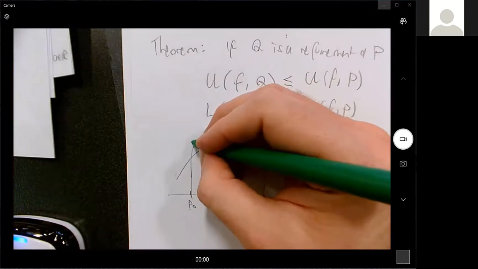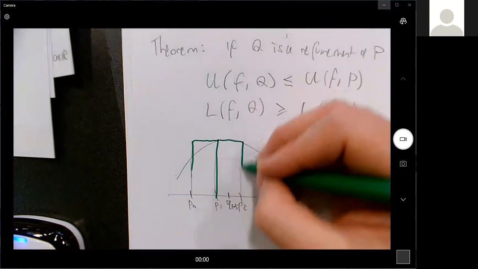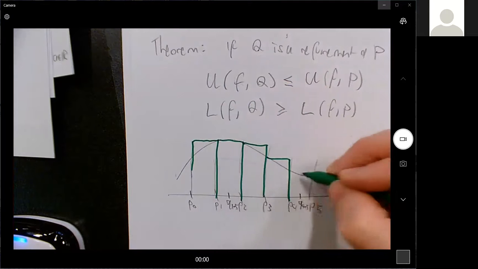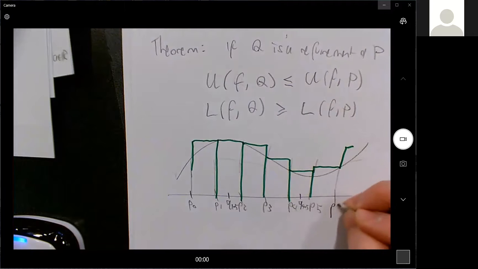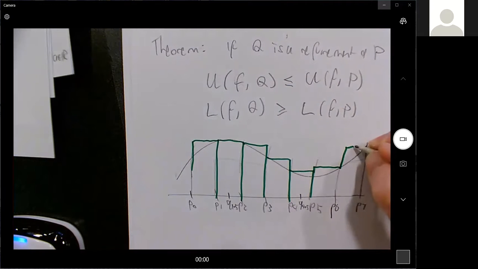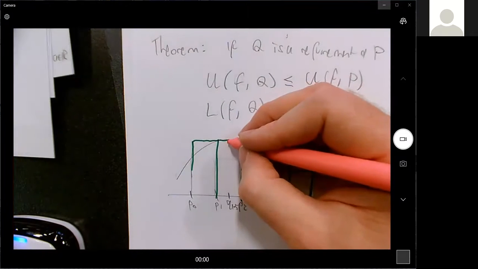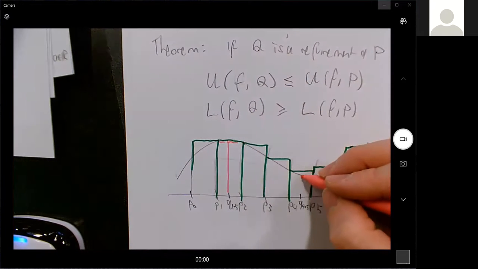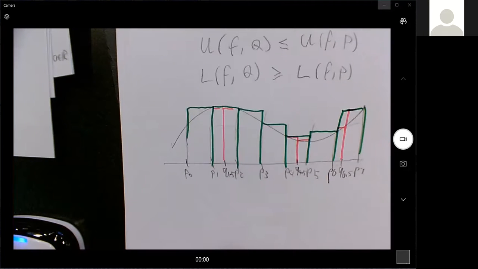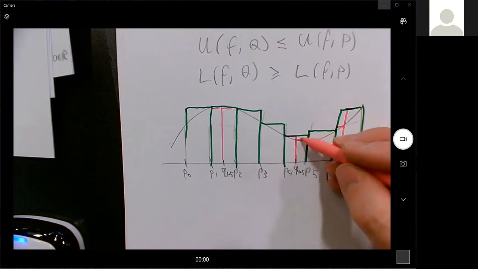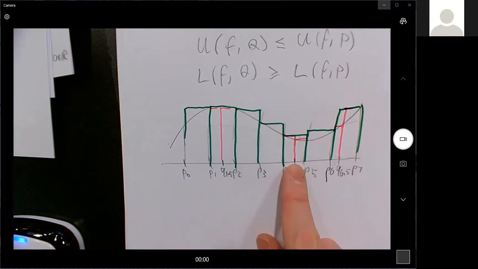So that's the upper sum for P. That's the upper sum for P. And the upper sum for Q, in that area we've lost a bit because there's one in between.